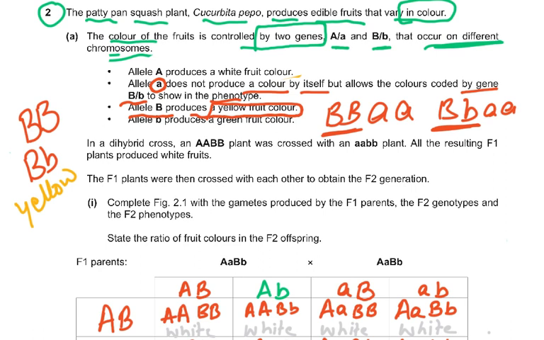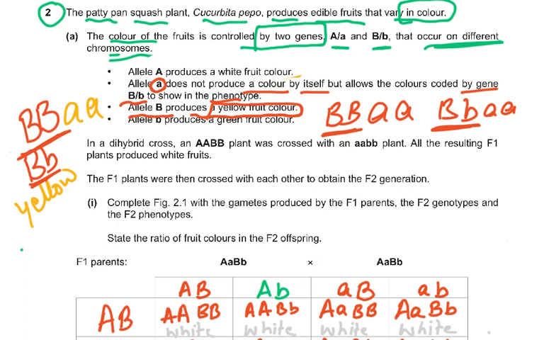Now this is all the information from the question. You need to figure this out. You need to be really analyzing this. So big B, but then it says if there is small a, then it does not produce a color by itself, but allows the color coded by this gene to show its effect. So big B produces yellow, and what does small b result in?